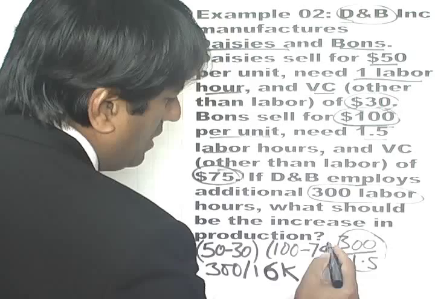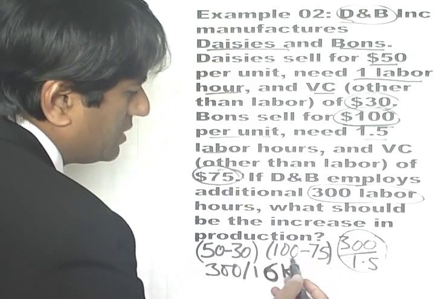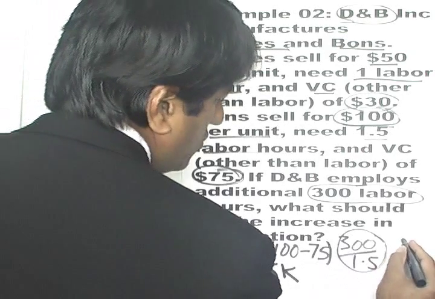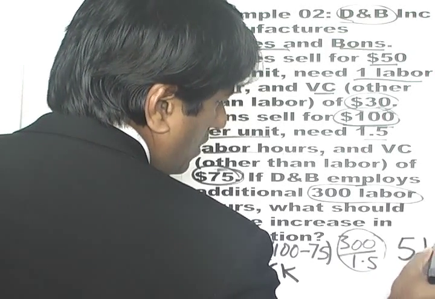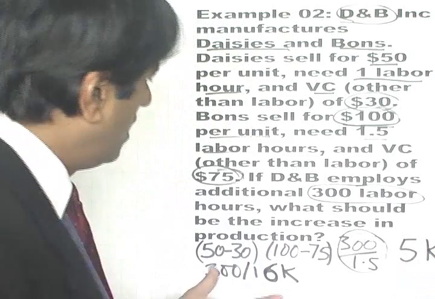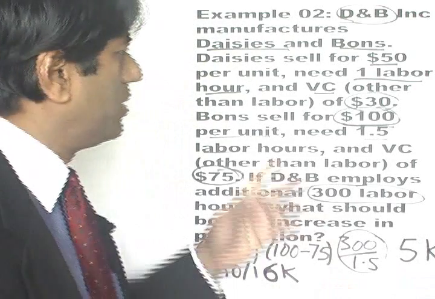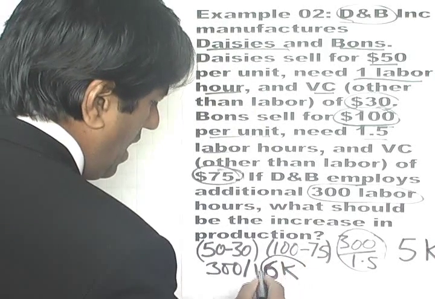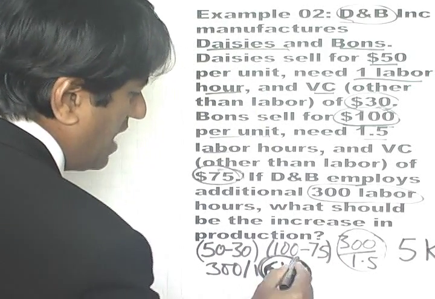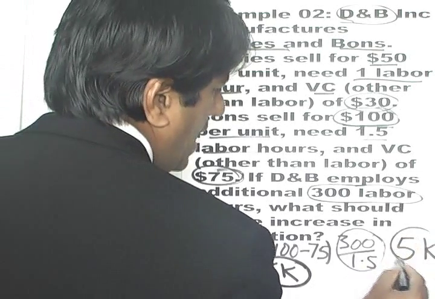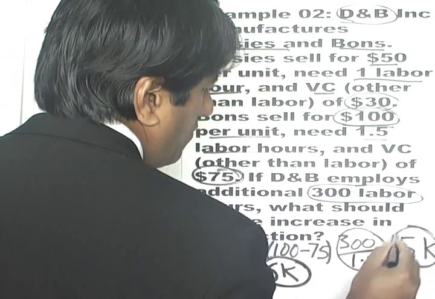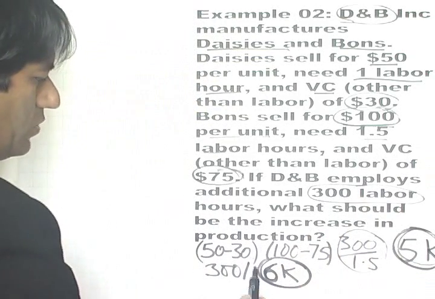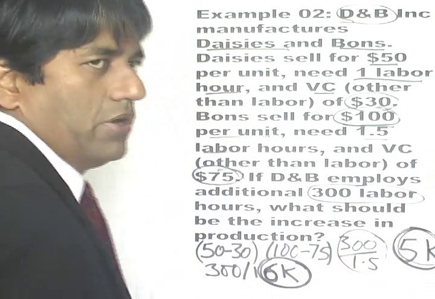And here we have for bonds 25 into 200, so that's 5,000, or 5K. So if you use those extra labor hours to produce daisies, you are going to have an incremental profit of 6,000, whereas if you use that to produce bonds, you're going to have an incremental profit of 5,000. So you'll use those incremental labor hours to produce daisies rather than bonds.